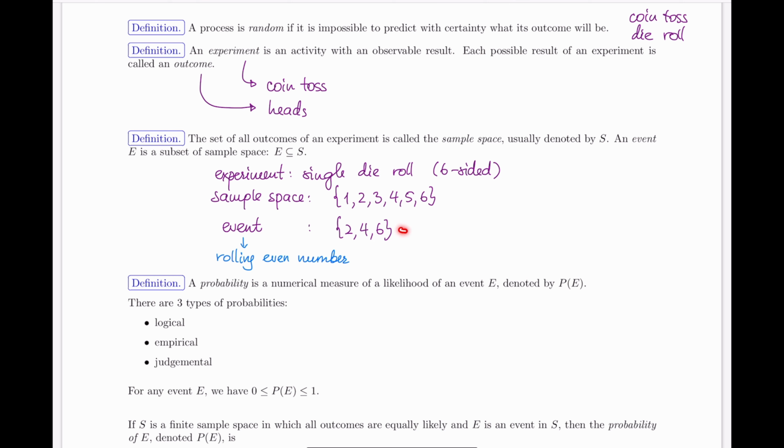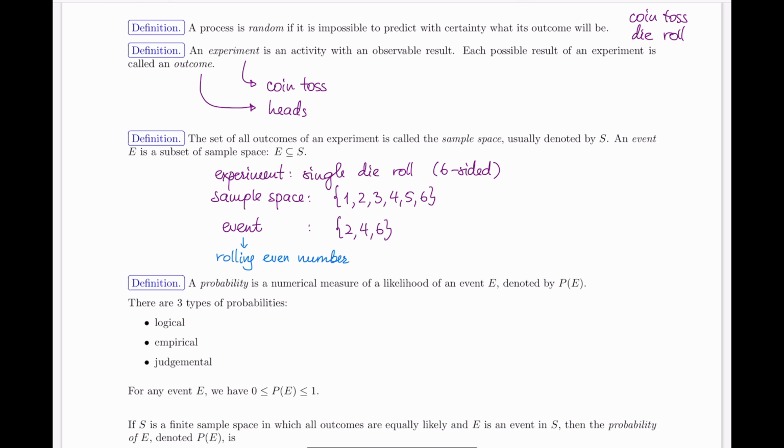And of course, you can see that this is, in fact, a subset of the sample space. Okay, so we either define it by listing the specific outcomes we're interested in, or maybe given a verbal definition. Try to go through the exact same notions using the coin toss, or maybe try it with 2 coin tosses and see what you come up with.